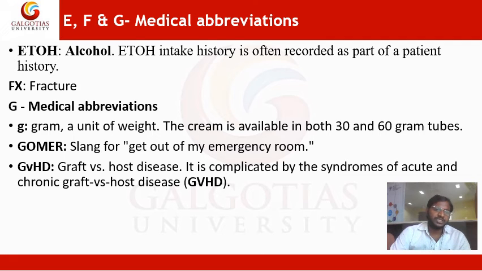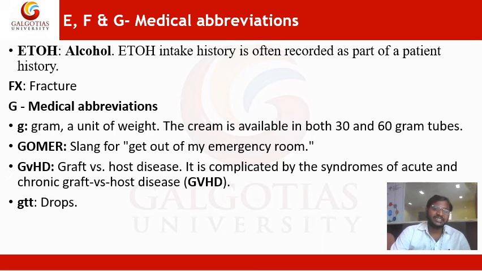Next one, GVHD, graft-versus-host disease. It is characterized by the syndromes of acute and chronic graft-versus-host disease. It means when the patient needs grafting, tissue grafting or vein grafting, they have to write GVHD.